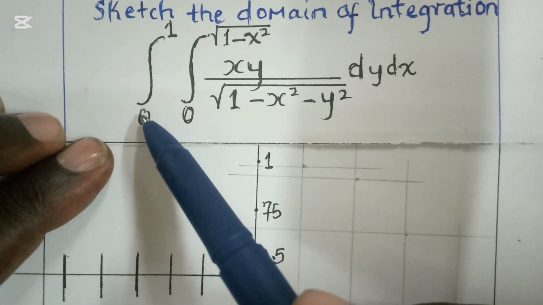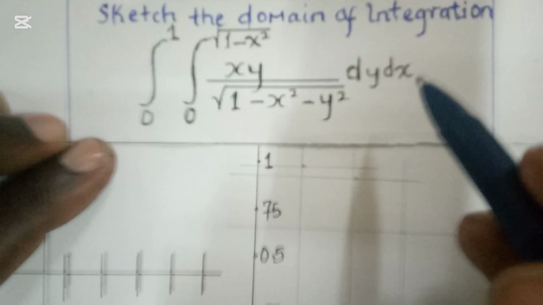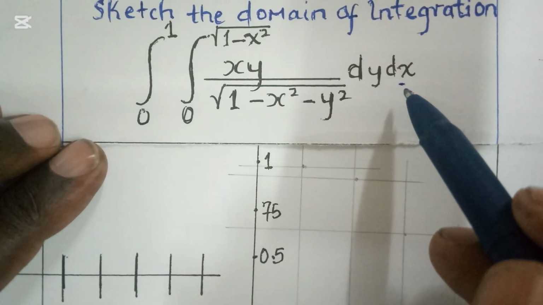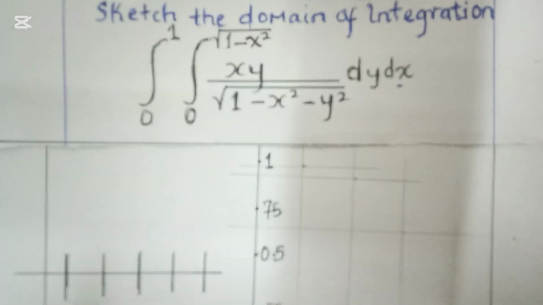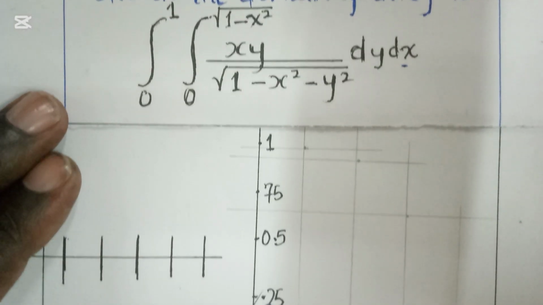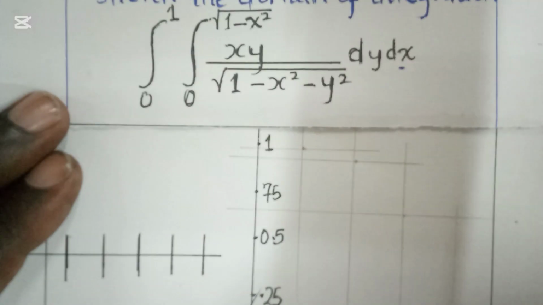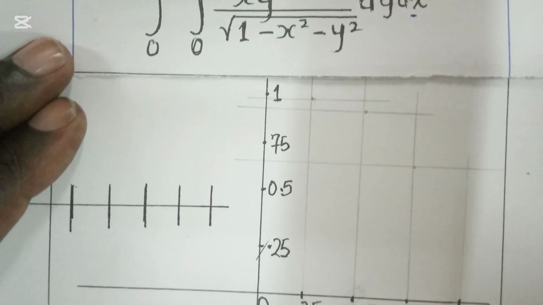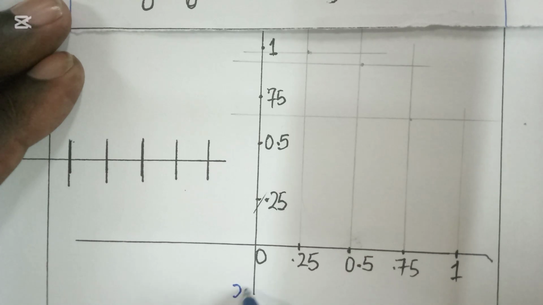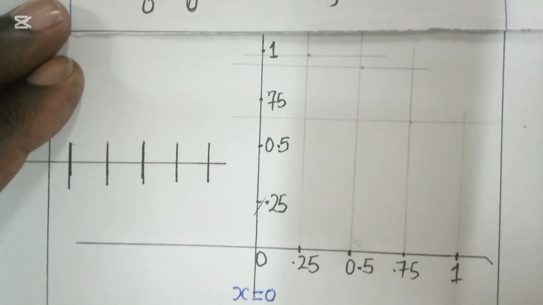first integral from 0 to 1 with reference to x-axis. So guys, we draw that line, and the first line we are drawing is actually this line here, which now we are saying this one is x equals to 0. That is our first line guys.